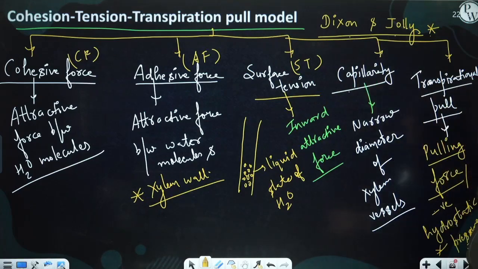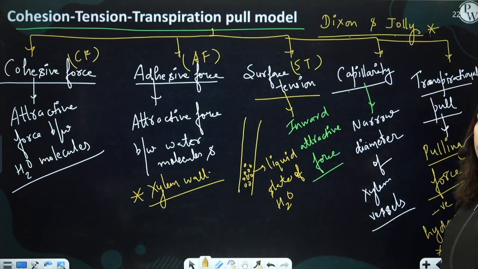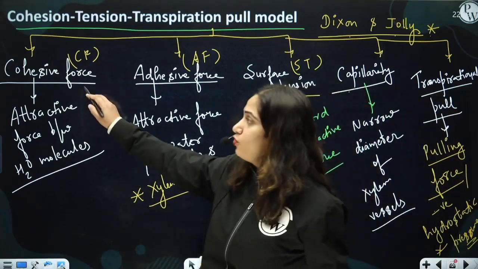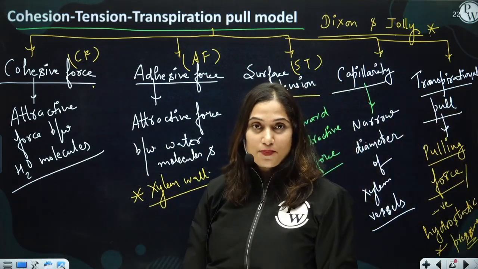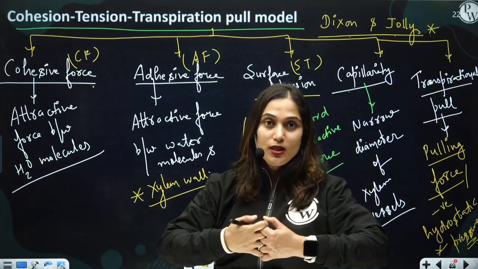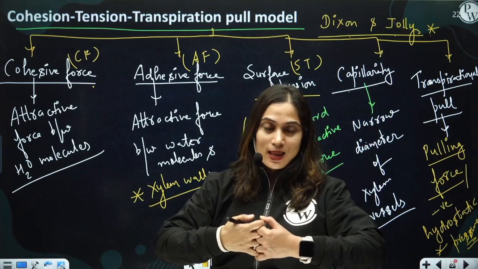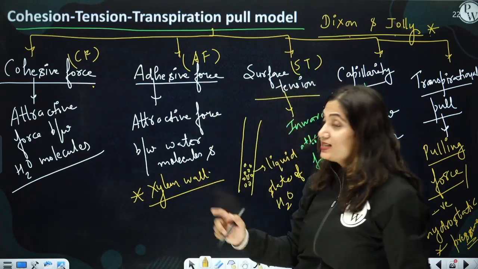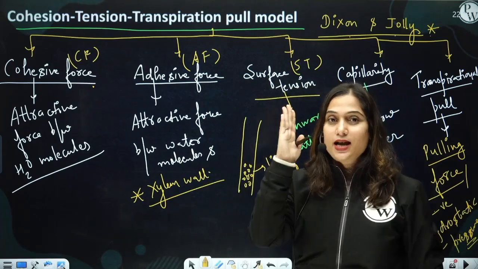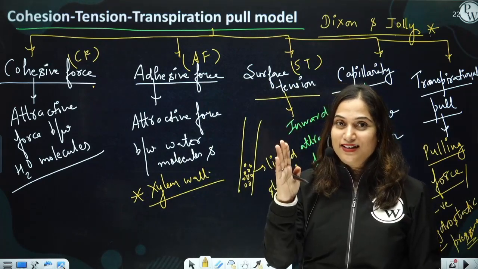This theory says that many forces together help the water get to the leaves against gravity. The very first force is the cohesive force. Cohesive force is the attractive force between the water molecules. Then comes the adhesive force, the attractive force between water molecules and the xylem wall, right?